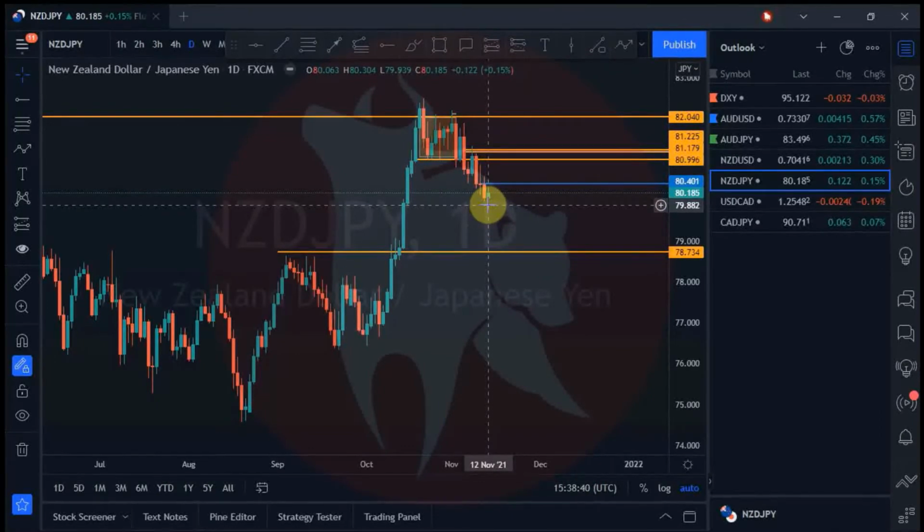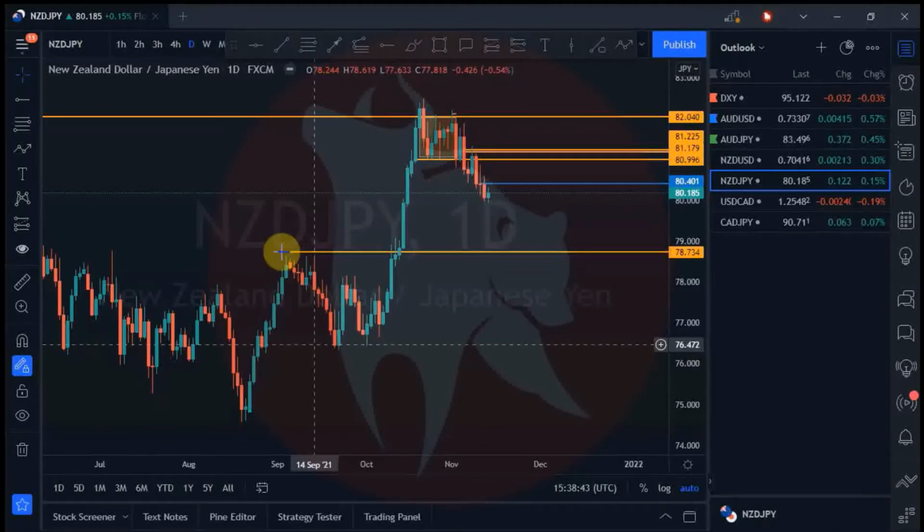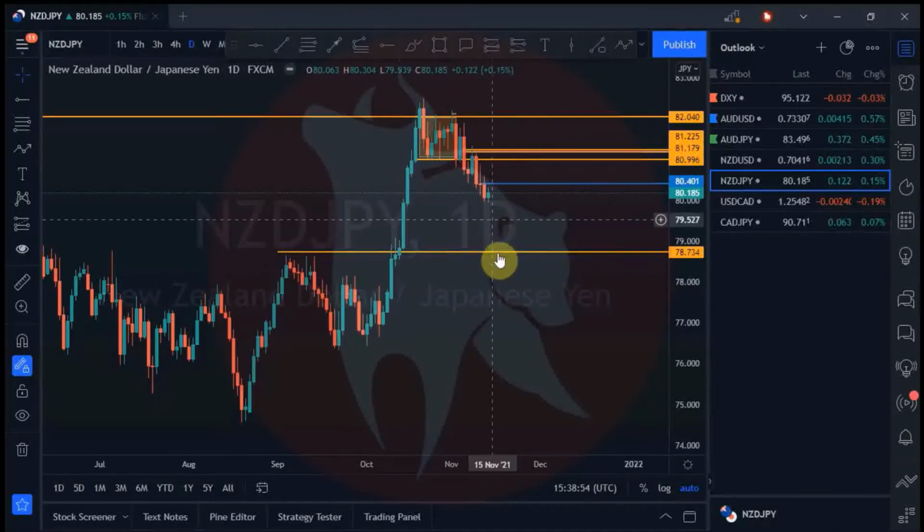We are still bearish on this pair, even though here we've seen a break in the market structure and an expansion to the upside. We're expecting that these liquidity voids will be filled back to this level before we see a continuation to the upside. So currently we are bearish on NZDJPY.